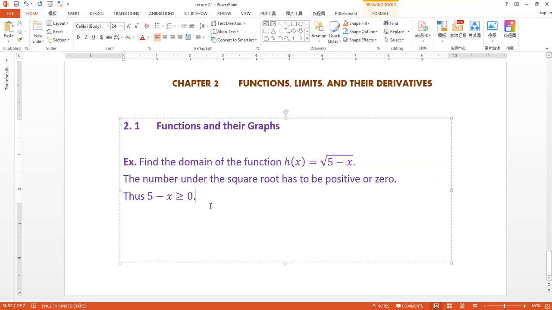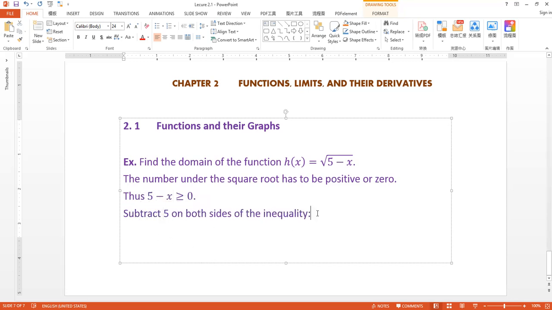So what you do, just add, okay? Add 5 to both sides of the inequality. So then what we get is actually not add, okay, subtract, I'm sorry.